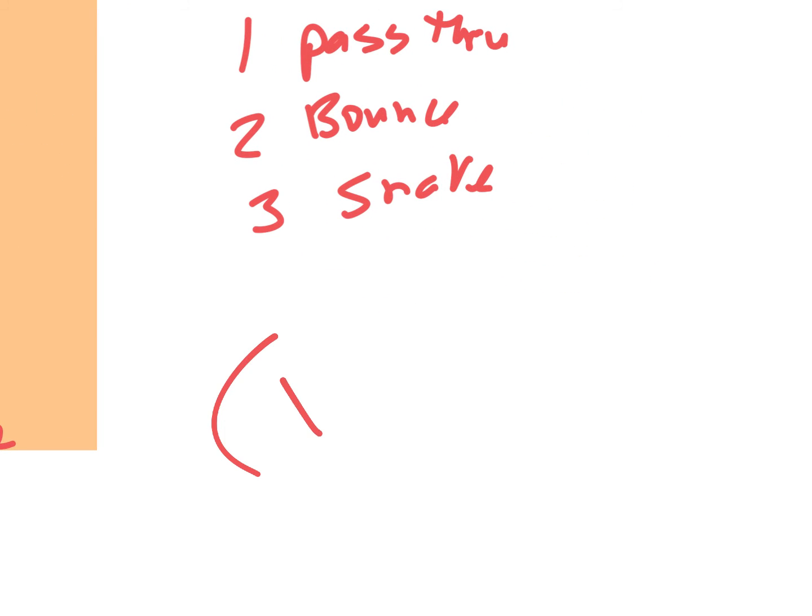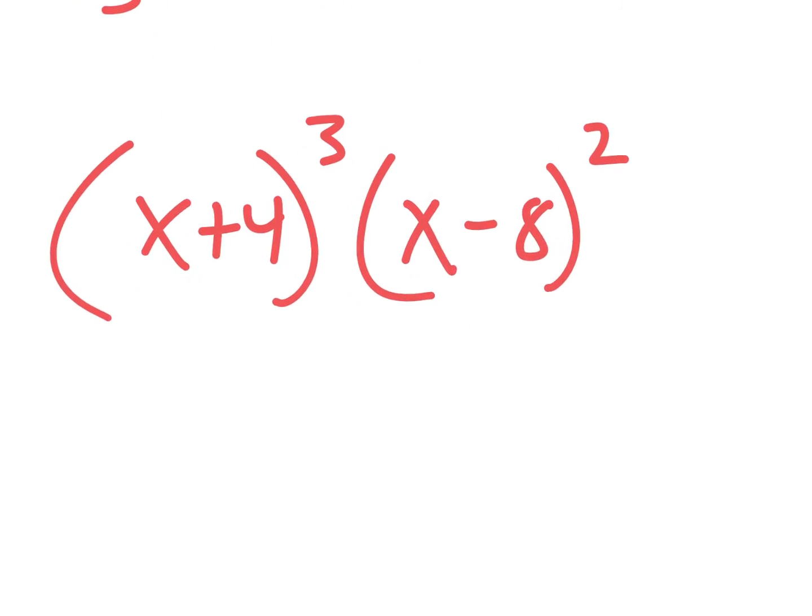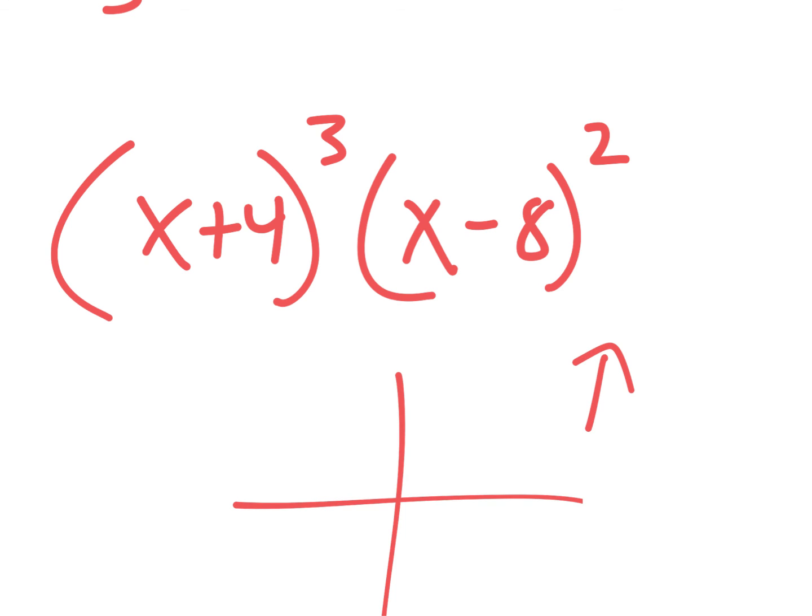So if I had this, do you get that one of these would snake through and one of them would bounce? Do you get there's no negatives on the lead term, so it must be positive right on the right side? I mean, going up on the right.